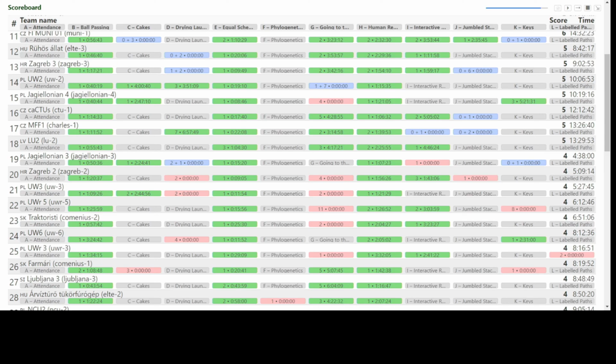One attempt at drying laundry from Jagiellonian 3 and 1 for keys. We have 1 attempt from Charles. No, we're stopping. We have revealed all teams with 4 solved problems.